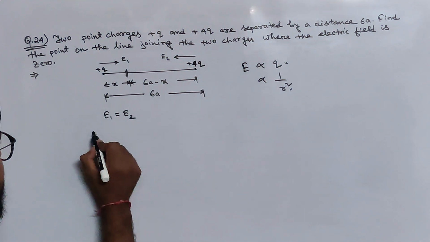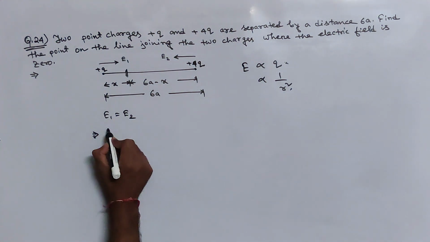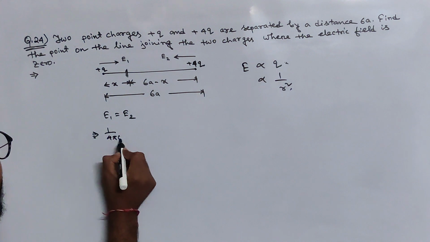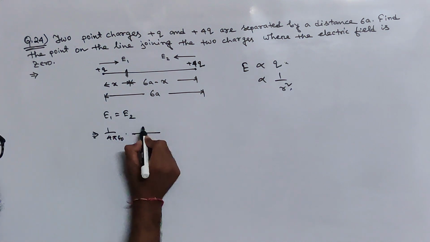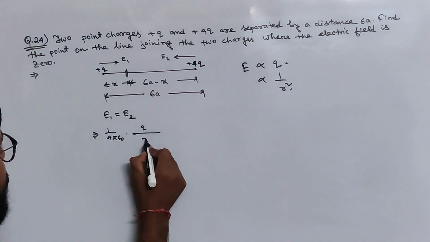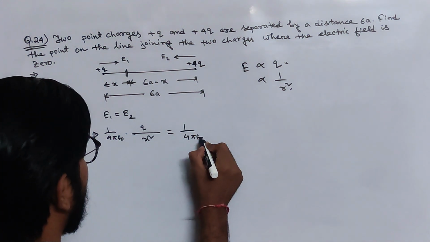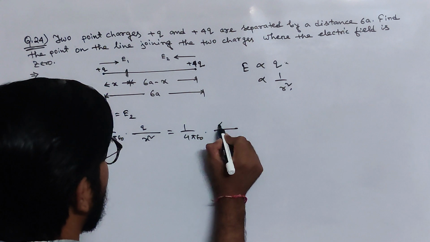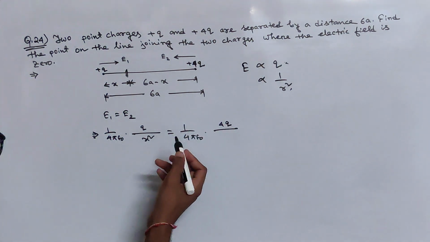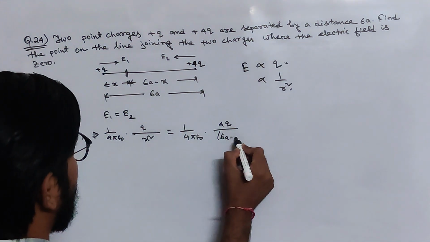Okay, so what will E1 be? E1 will be 1 by 4 pi epsilon naught, the charge divided by the distance square, x square, and E2 will be 1 by 4 pi epsilon naught, the charge is 4q, and the distance will be 6a minus x.